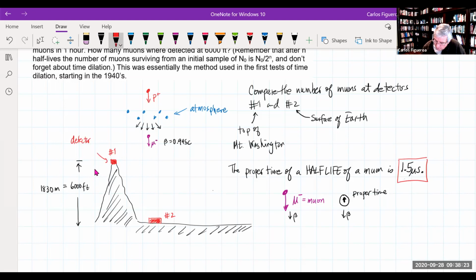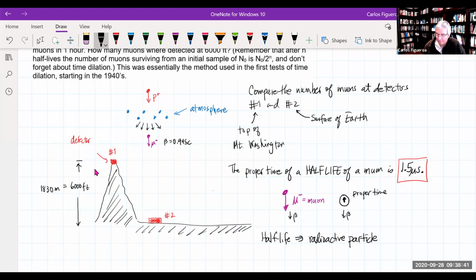Okay, so what do I mean by half-life? When I say the word half-life, that implies that I have a radioactive particle.